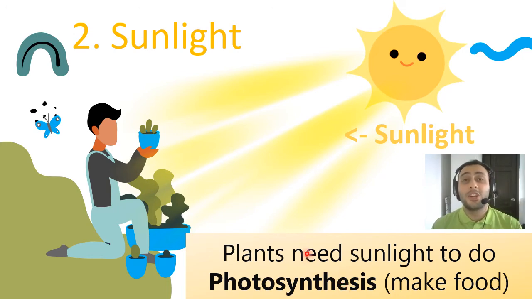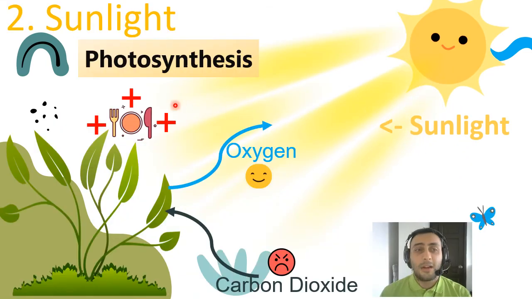So plants use the sunlight to do photosynthesis or make food. Remember, plants' leaves, like these ones, they use sunlight to do photosynthesis. Now, photosynthesis helps plants make food.